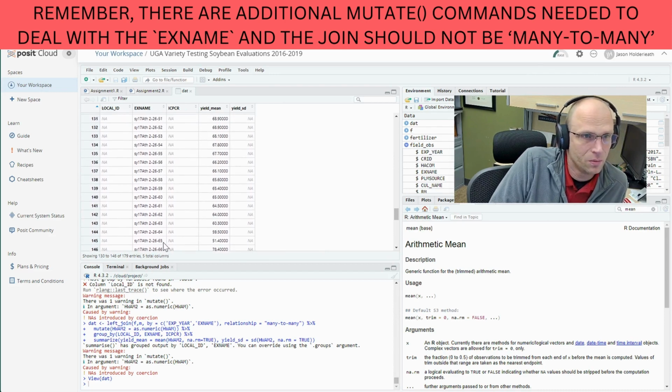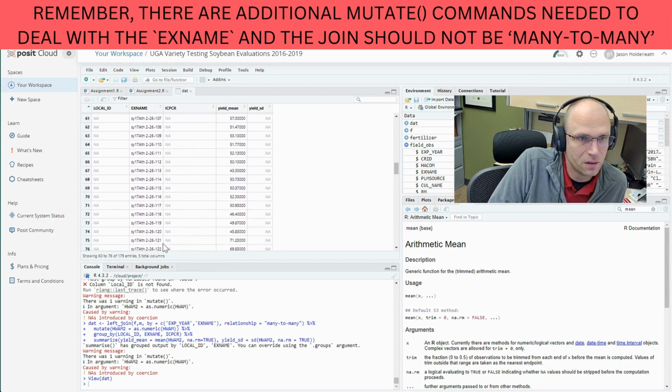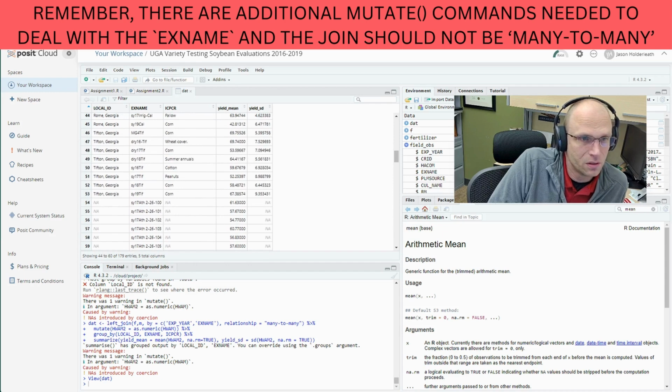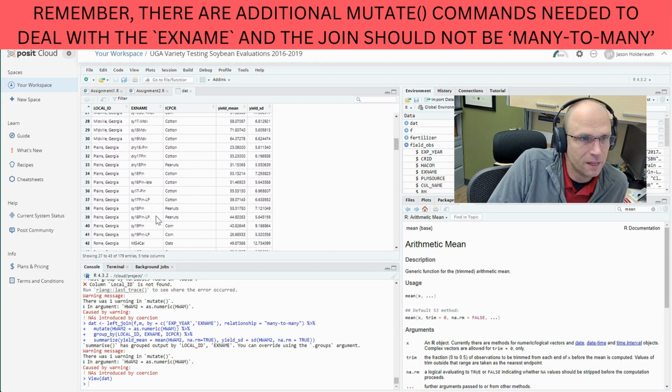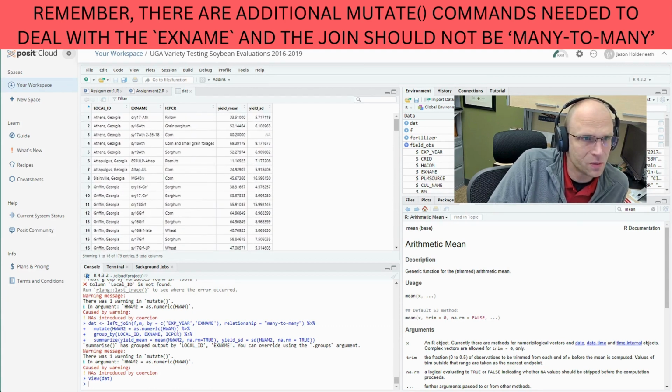Now, here we have a whole bunch of additional SY17 Athens numbers, which we go up here to Athens SY17. So this right here, a bunch of different numbers there.